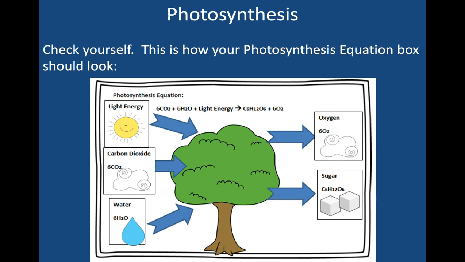Sunlight goes in, carbon dioxide goes in, water goes in. Remember, 6 carbon dioxide molecules, 6 water molecules go in. In our chloroplast, it converts that into 6 oxygen molecules and a molecule of sugar, our glucose molecule, C6H12O6.